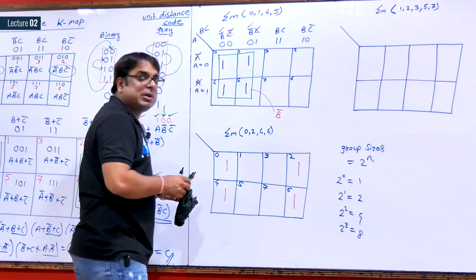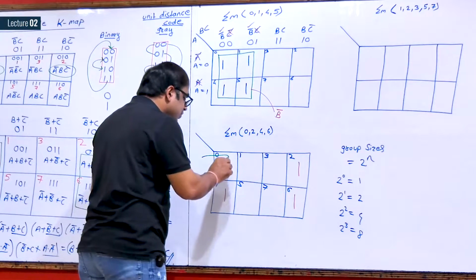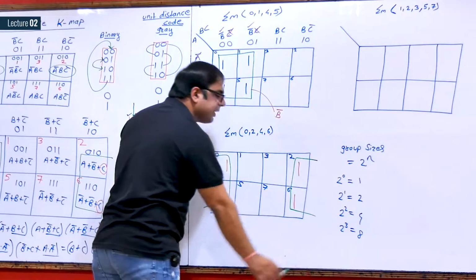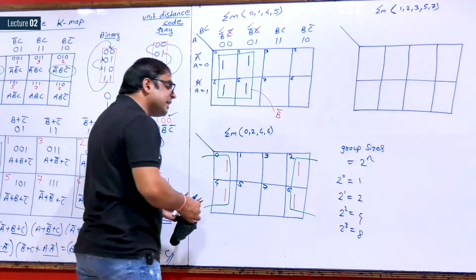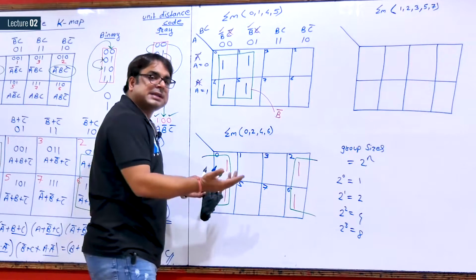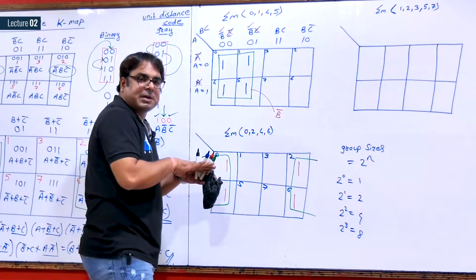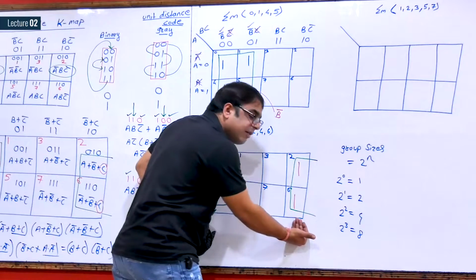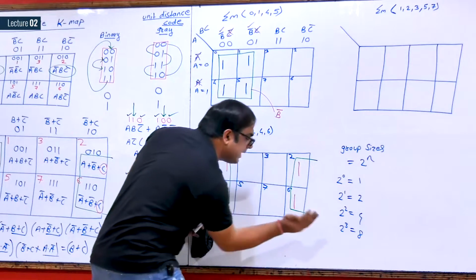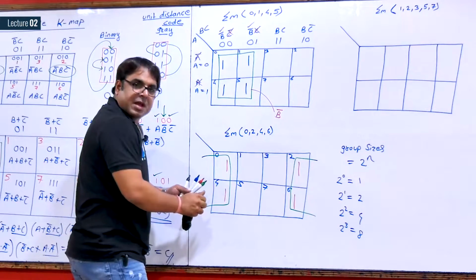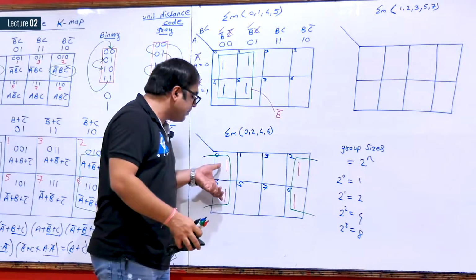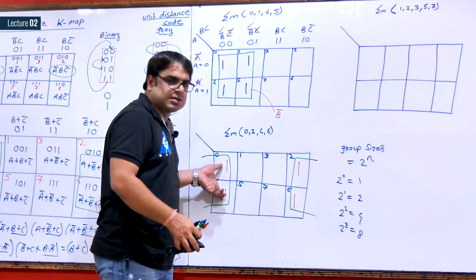As we have discussed, due to the beauty of gray codes, you can form this first group and last group, you can combine. You can consider it as a piece of paper and then you can fold your piece of paper. If you fold the paper, these two ones will become neighboring with these two ones.